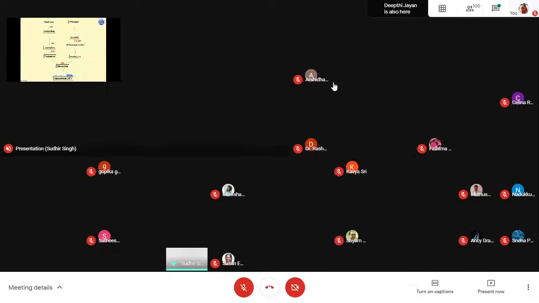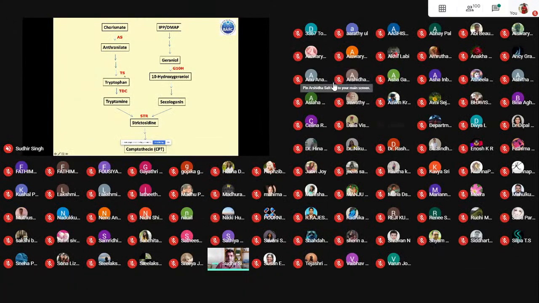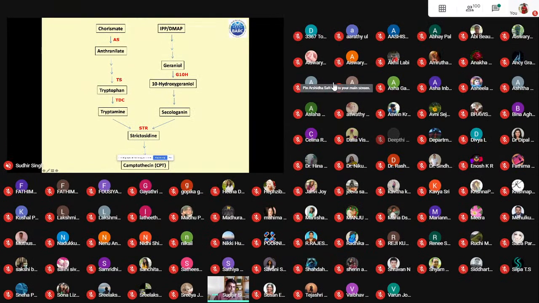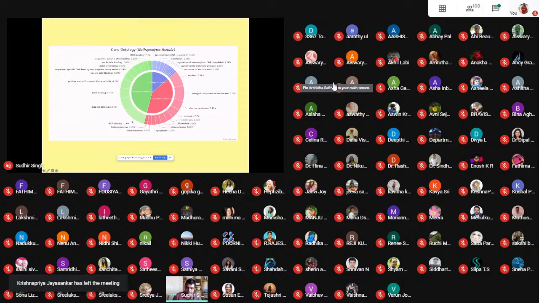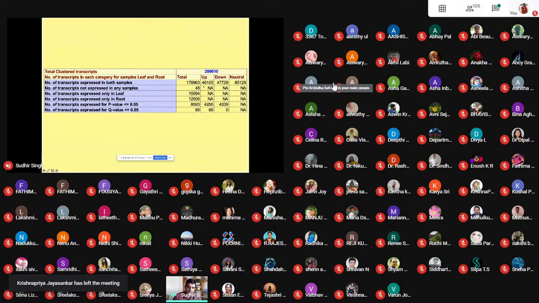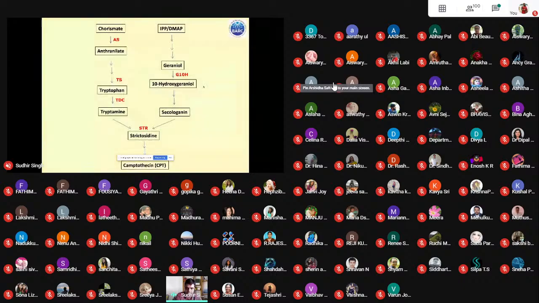Like this one is ethanoate synthase. Here comes tryptophan synthase, strictosidine synthase, then geraniol 10-hydroxylase. These are some of the enzymes which we could narrow down from this pool of information we got after the struggle of close to 6 months to 1 year or so.